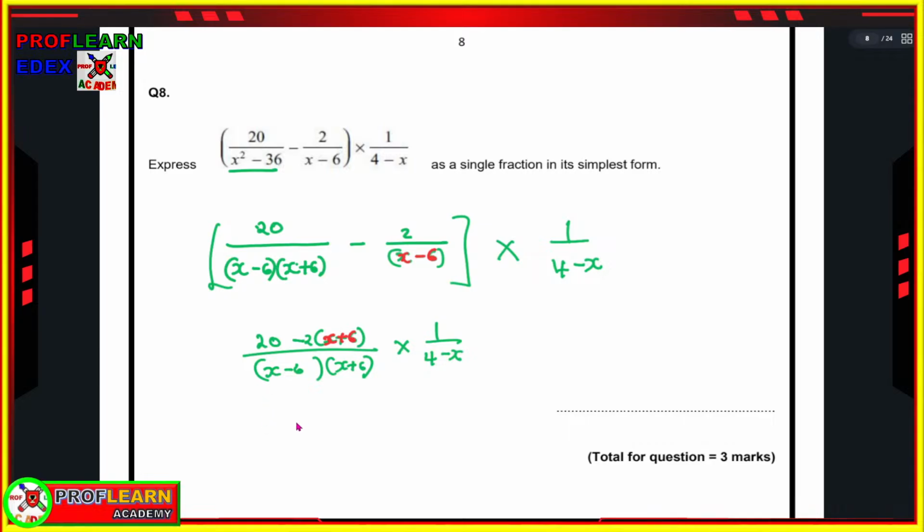So if we open the bracket, we shall have minus 2x minus 12. So 20 minus 12 will be 8 minus 2x over x minus 6 into x plus 6. And if you factor out 2 here, it's going to look beautiful and amazing, because this part that we have here, we can factor out.